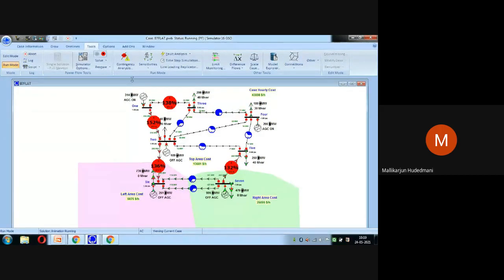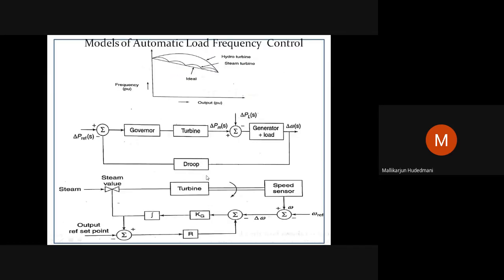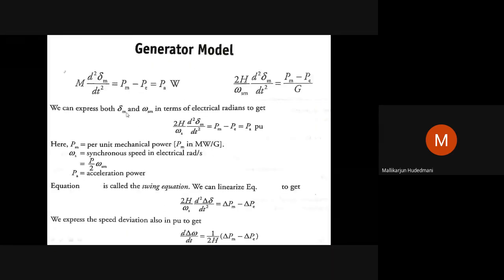Okay, so I tried my best to make you visualize what AGC is and what the impact of that is, using these two examples. Hope I made this mechanism comfortable to you. Then later we have just seen how the generator model from the swing bus, M d squared delta by dt squared equals Pm minus Pe.